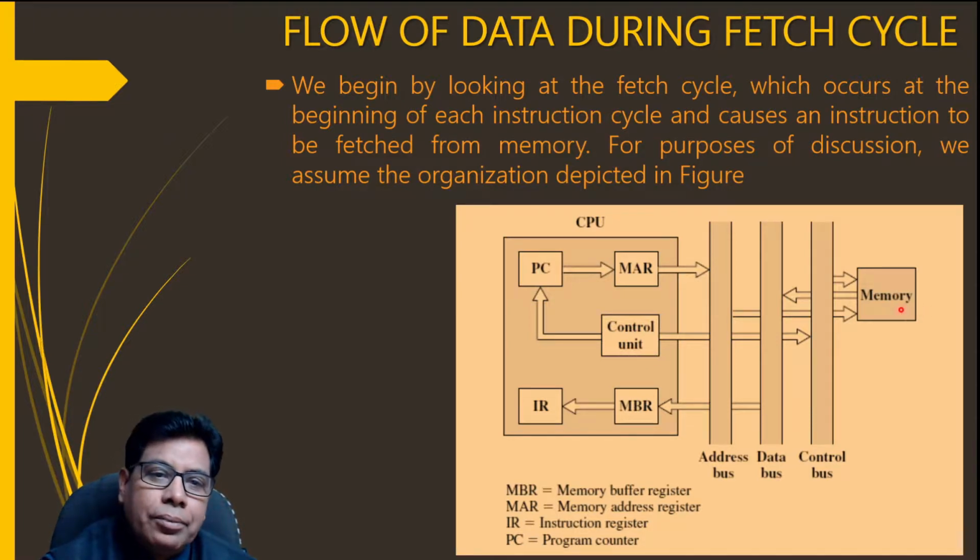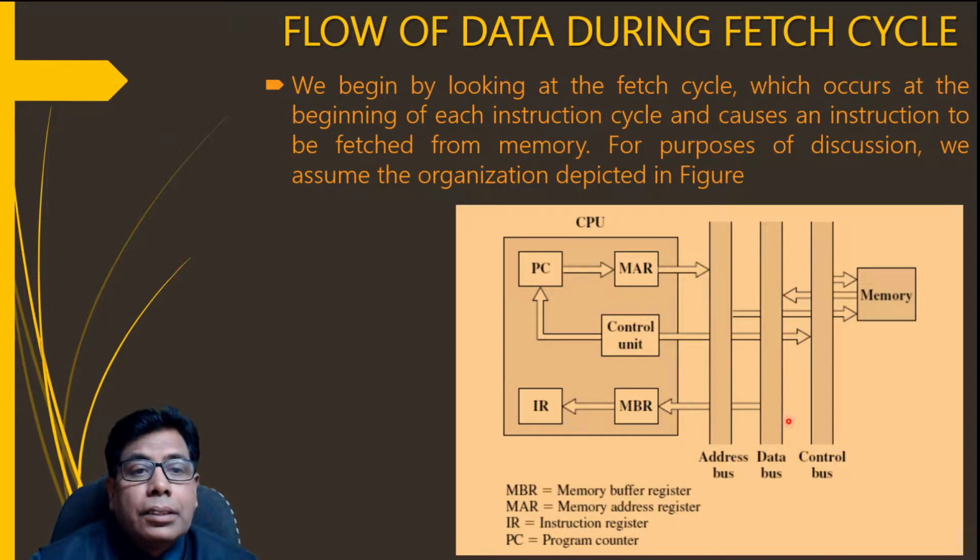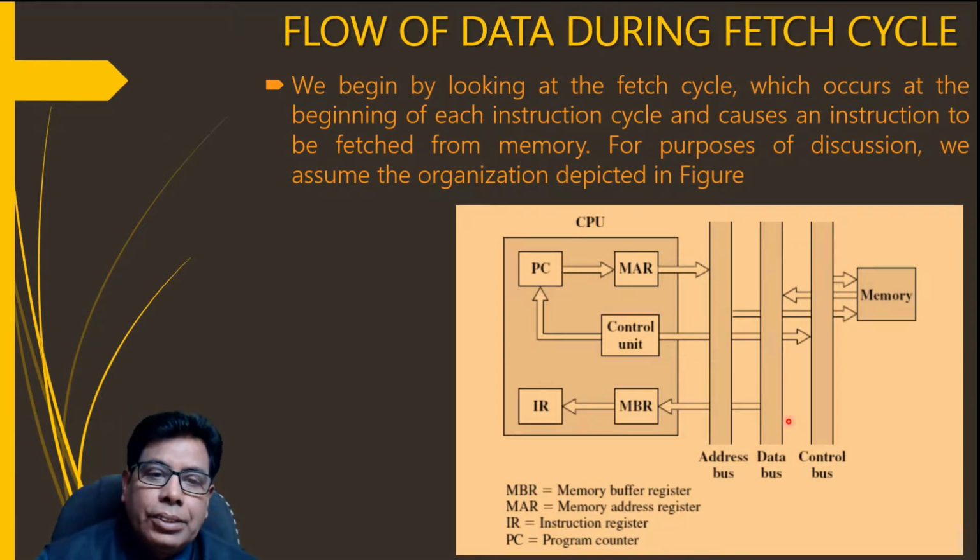This is the memory, and we have the control bus for controlling different things. This is the common structure or organization of a processor, which we saw in the last video. If you understand this organization, then only will it be possible to understand the micro operations.